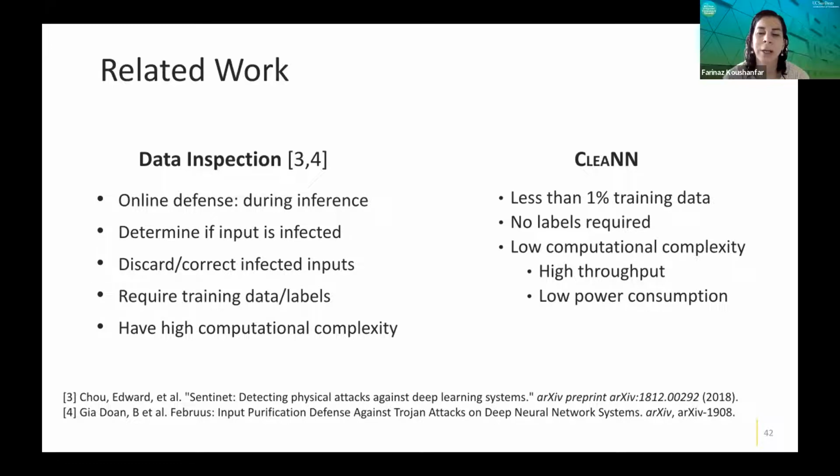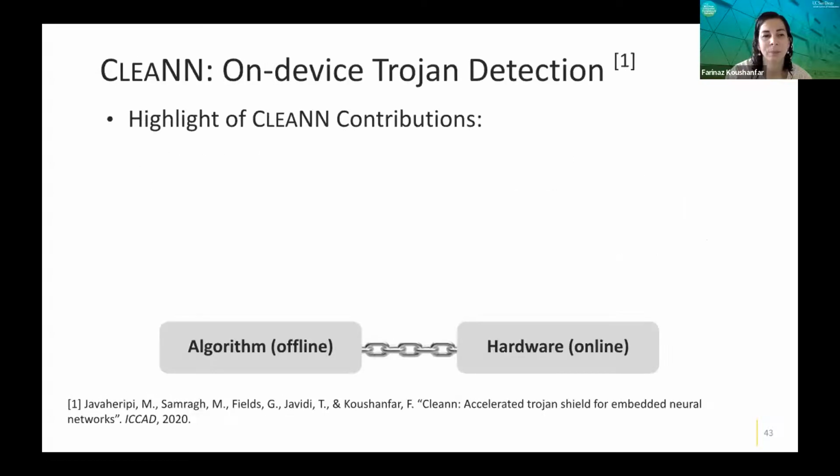We did not require labels for the clean data, because it was really the discrepancy between the transformed version and the real data that was used to determine the poisoned data, and it was low computational complexity. We had high throughput because it was running in parallel. We didn't retrain the network, and had much lower power consumption as a result.